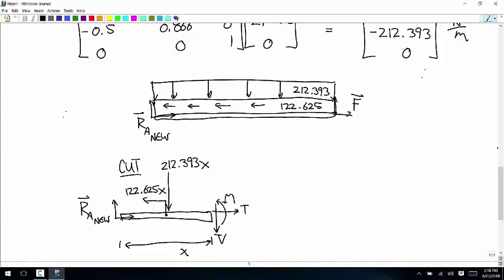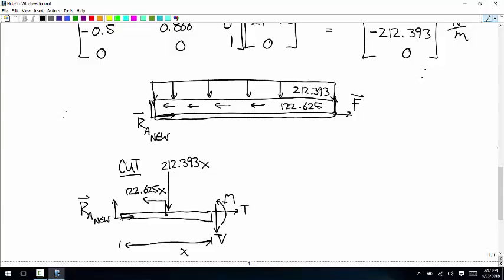So when we add up the moments about the end, what's the moment going to be that's produced by this force? Nothing. Its line of action goes right through the about point. And so this will factor into Newton's second law when we add up the forces, but it's not going to show up in the moments. Everything else is just the way that it's always been. So this is going to be the first time that we've ever seen the internal tension show up as a function of x.